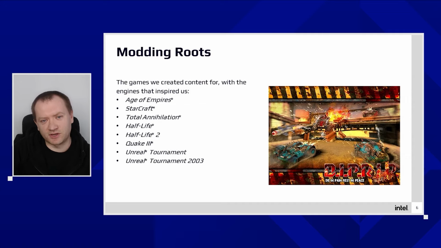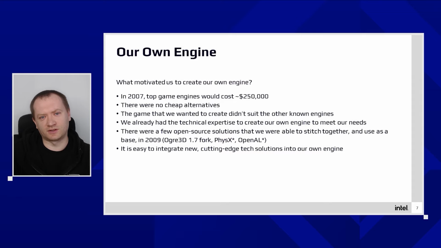We've used that experience and all that we've learned there to build our own engine that suits our needs and helps us create the games that we want to create. So why did we actually create our own engine?